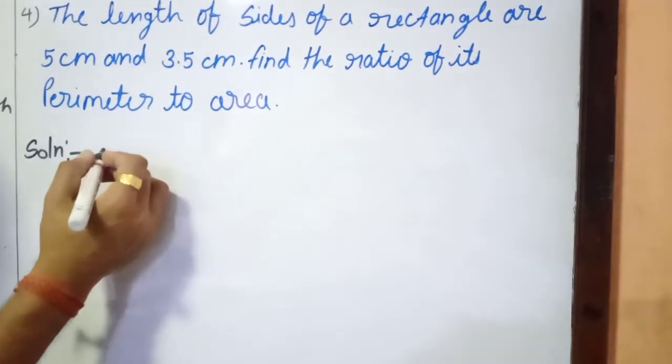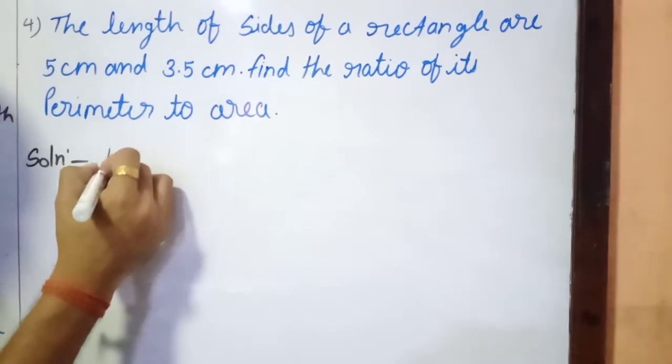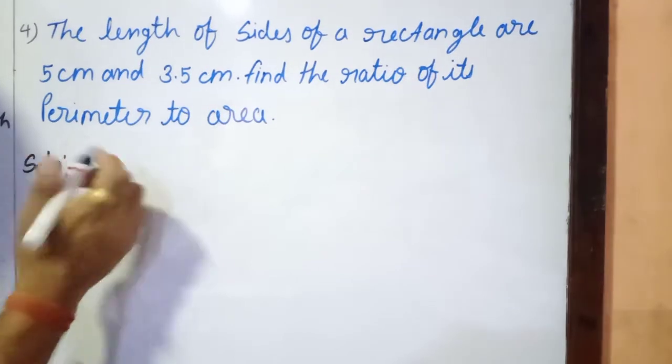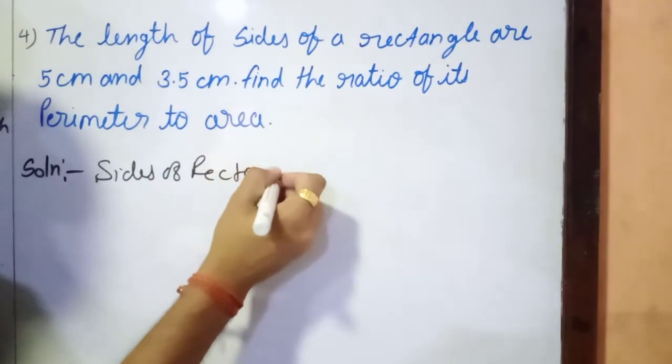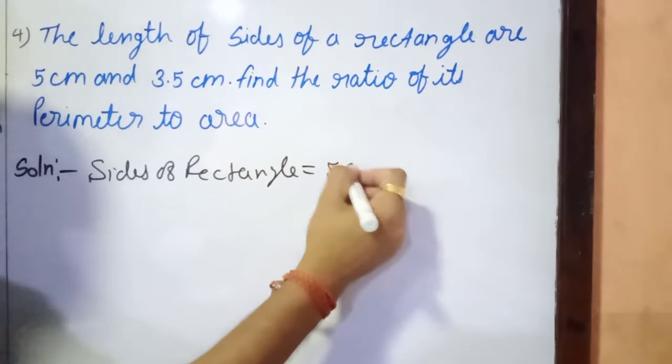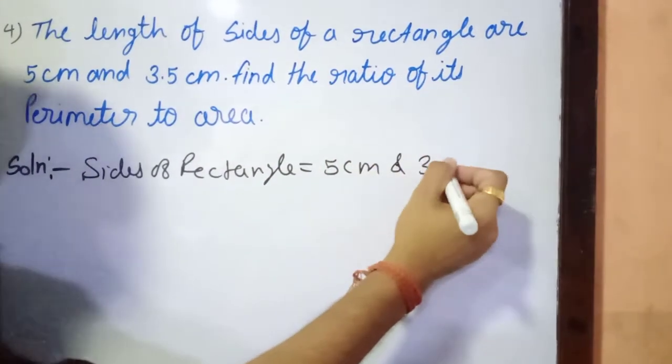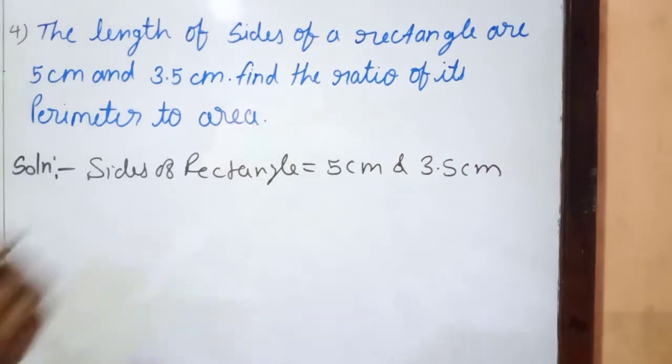So sides of rectangle are equal to 5 cm and 3.5 cm. Means length and breadth are given.